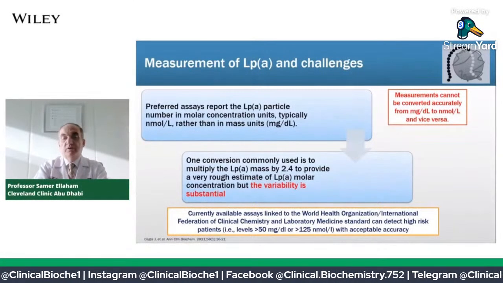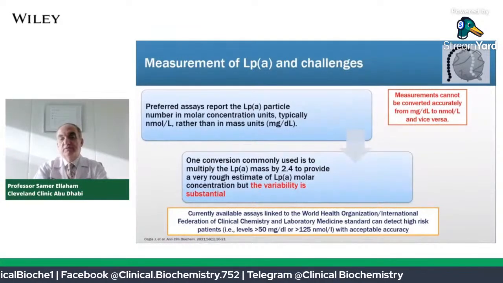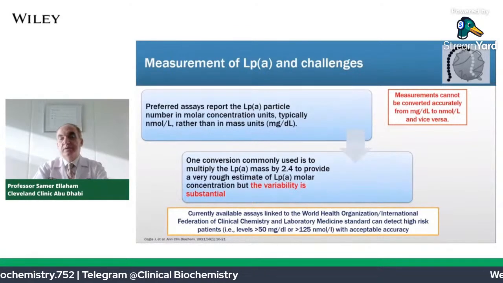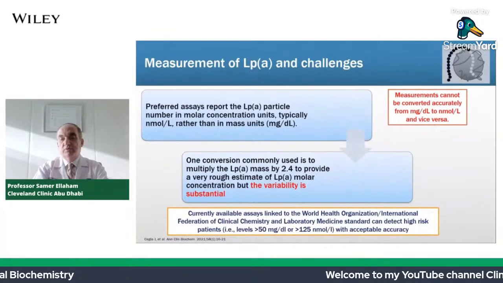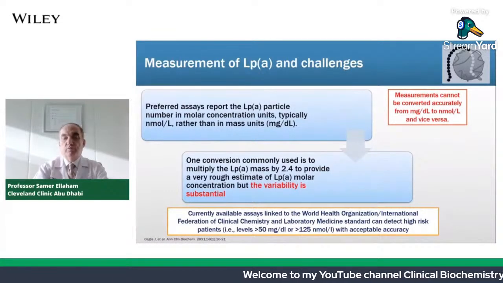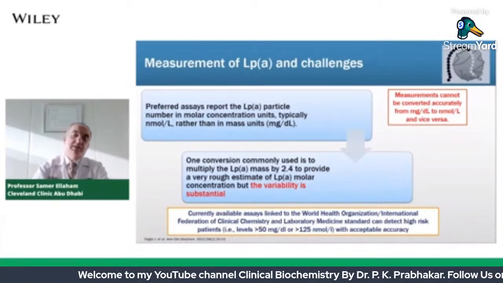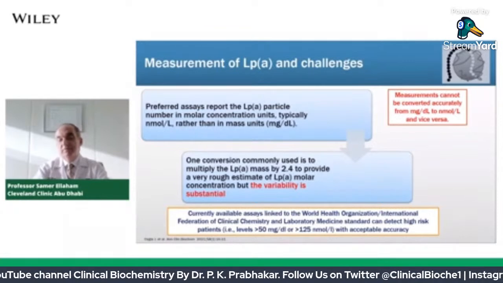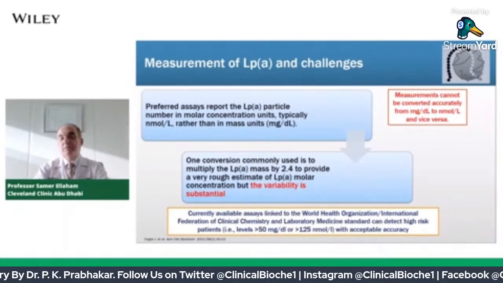Now, one way to convert is not really perfect. You may remember it for the interest of practicality: for Lp(a) in milligram per deciliter, if you divide or convert it using 2.4 or 2.5, you may have a number that makes a little bit more sense. For example, if you have 125, divided by 2.4 or 2.5, you get 50 milligram.